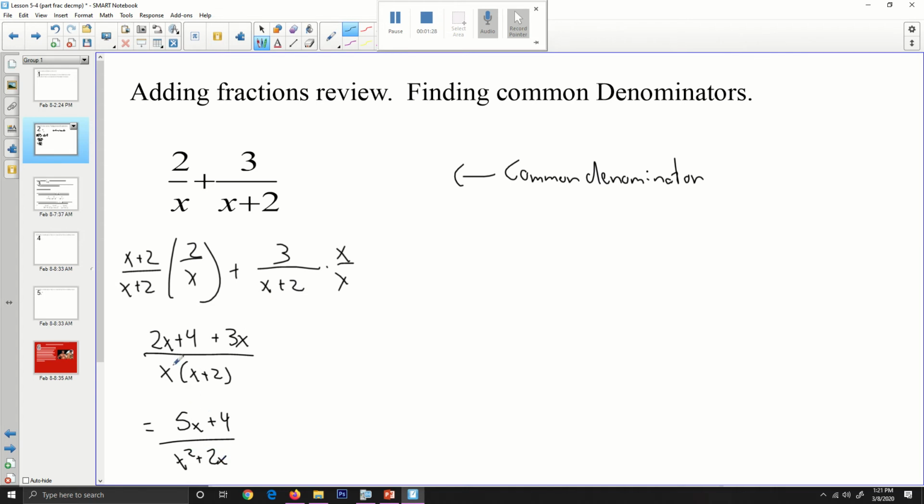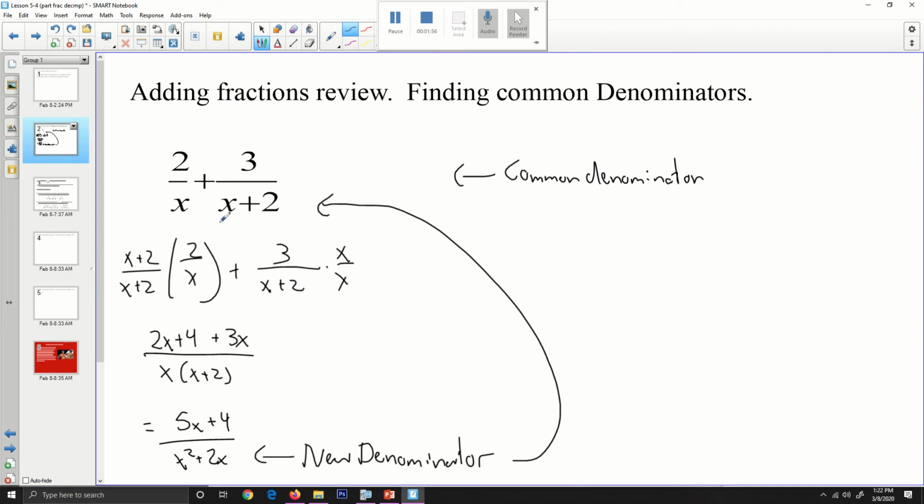Okay, in the last video I didn't simplify because we were looking for vertical asymptotes, but in this particular instance I have this. And so what I want you to see is that this denominator right here, we'll call it the new denominator, is a product of the old denominators, plural.